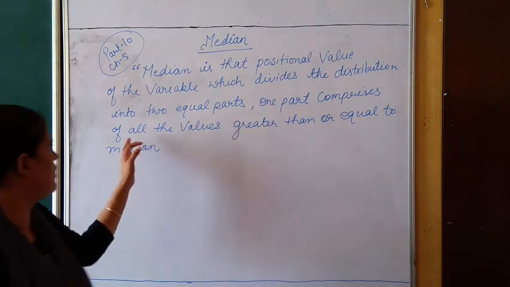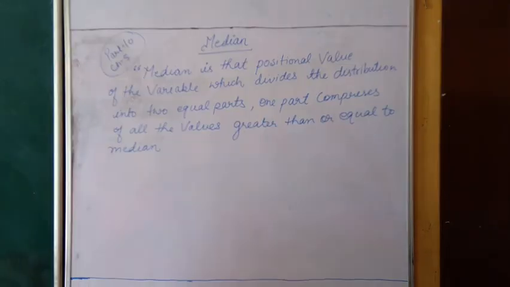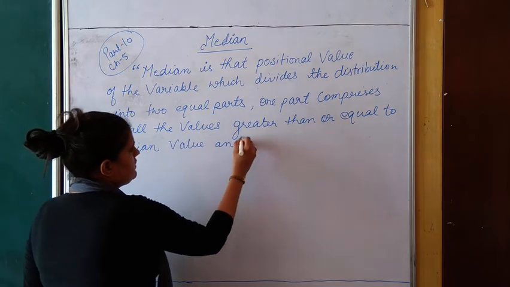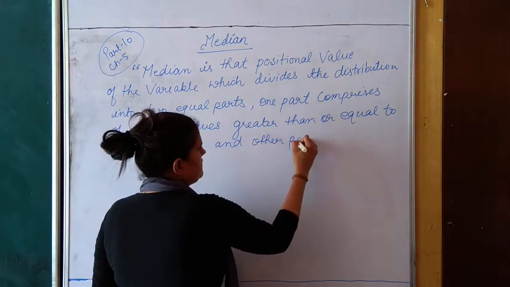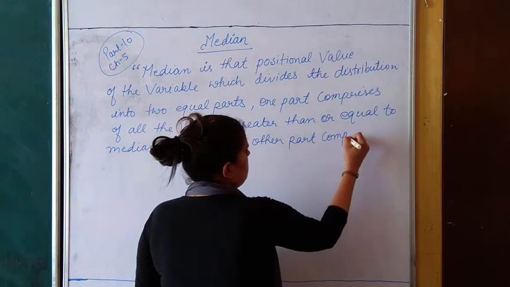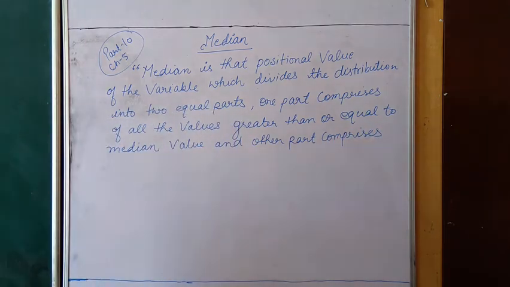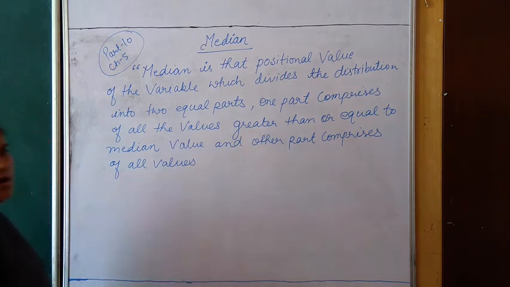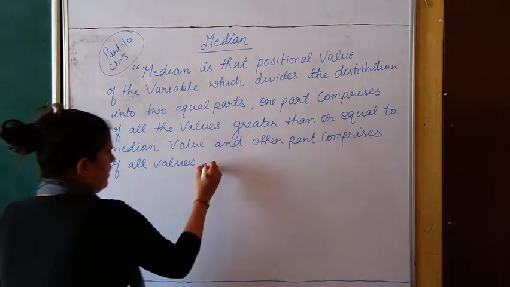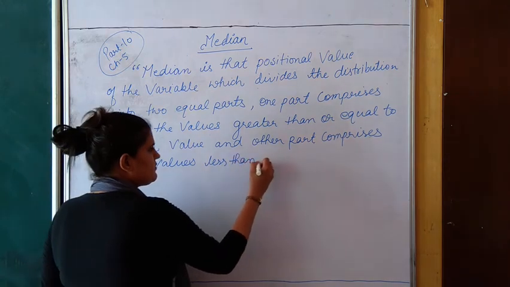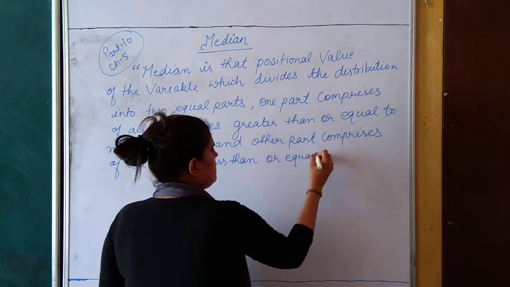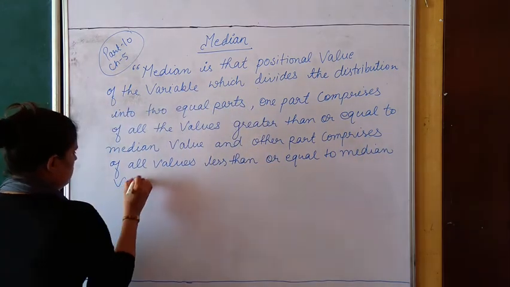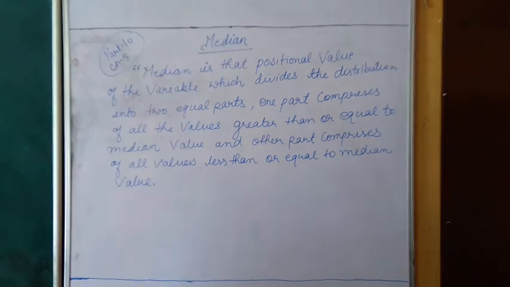One part comprises of all the values greater than or equal to median value, and the other part comprises of all values less than or equal to median value.